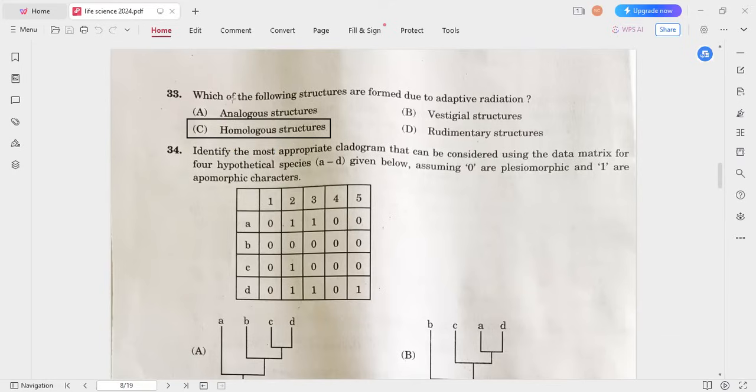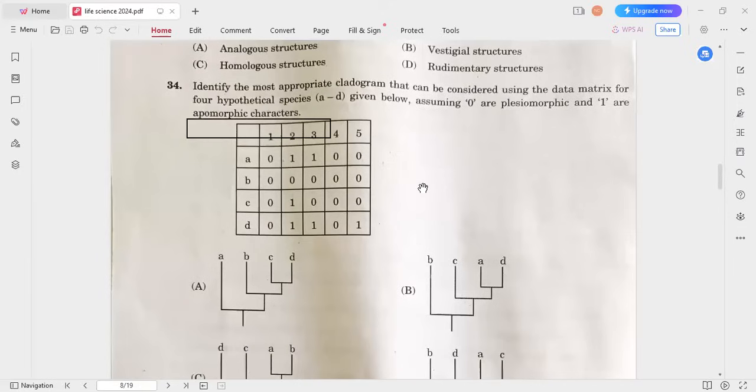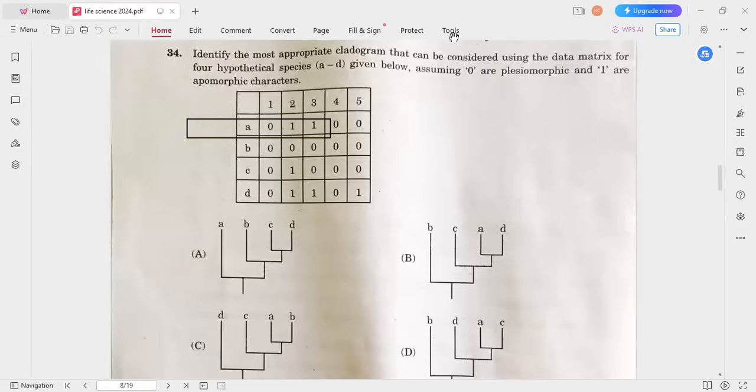Okay, so next question, that is question number 34. This is based on the cladogram. I have doubt in this question because I solved it, but I'm not sure.